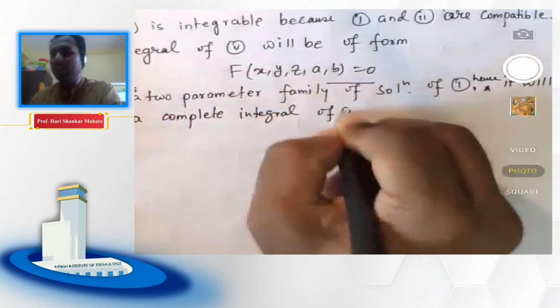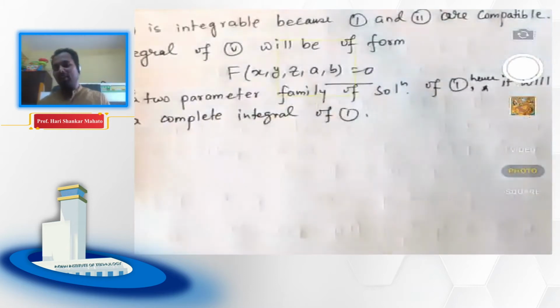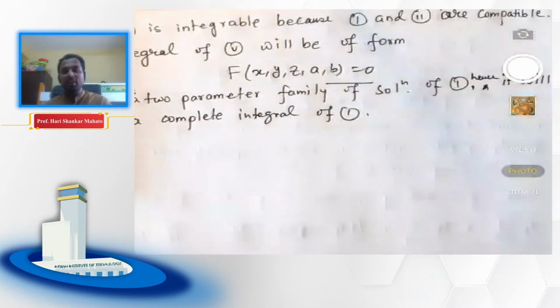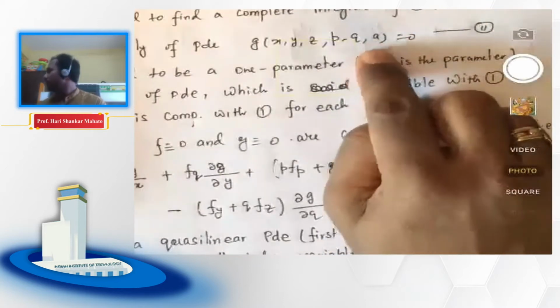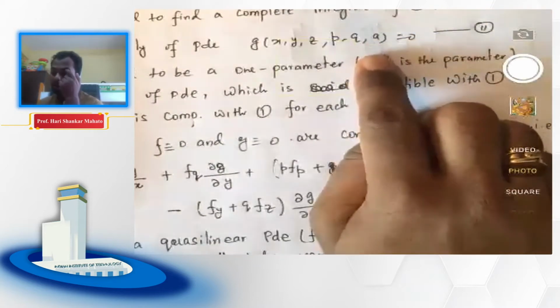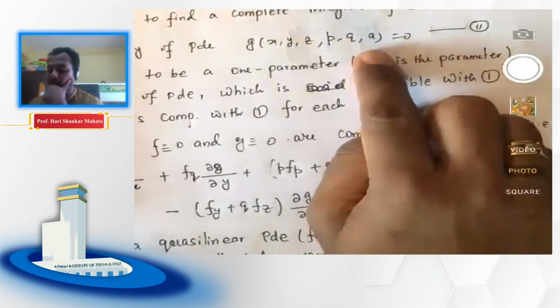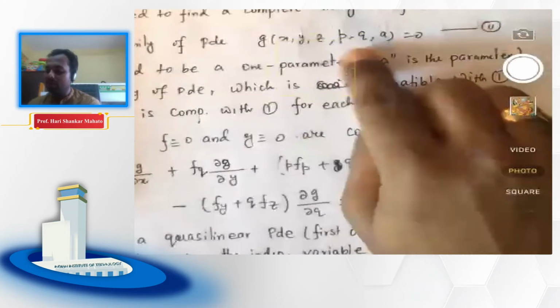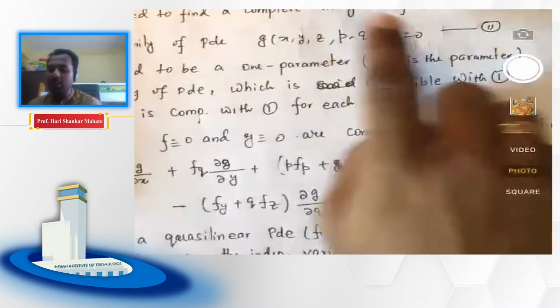So we did something very smartly. We didn't go to the Lagrange's equation because we were given a non-linear PD. But what we did was we considered a one parameter family of PD, where A is that one parameter. And now what we are saying is that this PD2 is compatible with PD1.